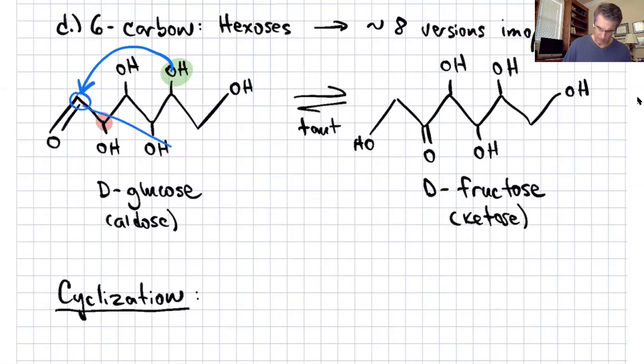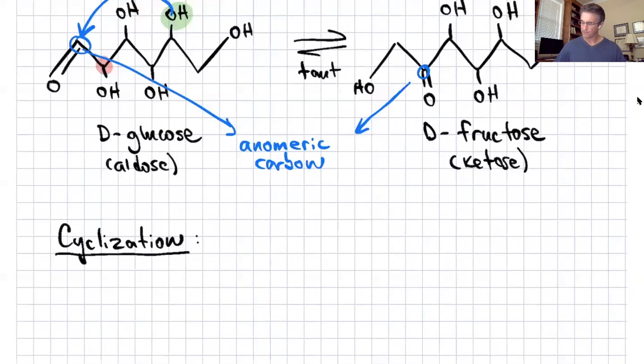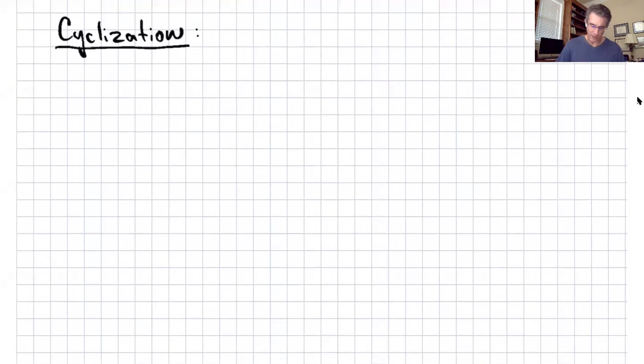The carbonyl carbon of these aldose and ketose sugars is formally known as the anomeric carbon. That basically just means the carbon that has that carbonyl group. Okay, so just to show you this in a slightly different way, I'm going to draw glucose out a little bit vertically, so we can keep track of where things are more easily.